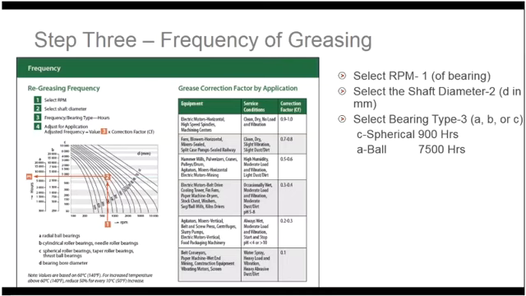A is for radial ball bearings, B is for cylindrical and needle bearings and roller bearings, and C is for this very special spherical roller bearings and tapered roller bearings.